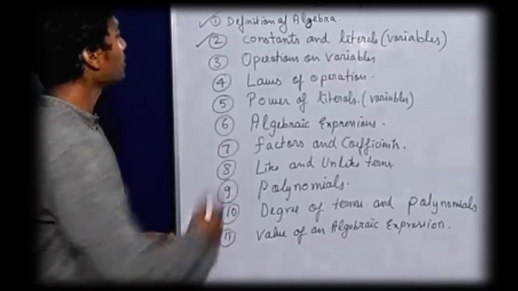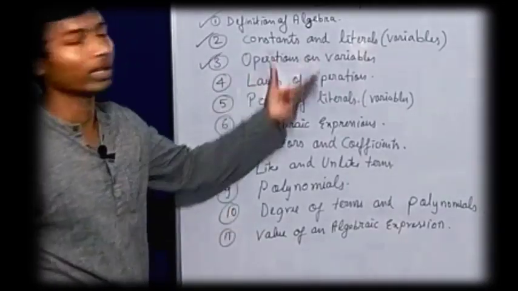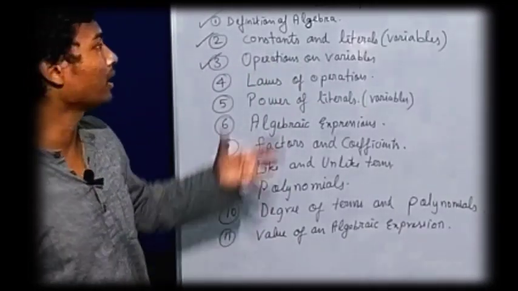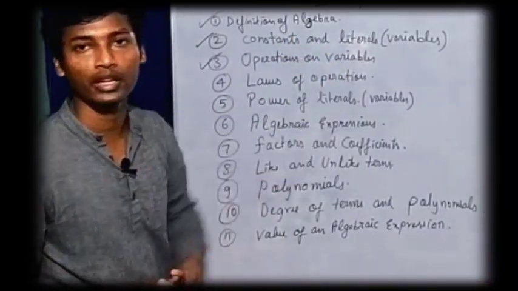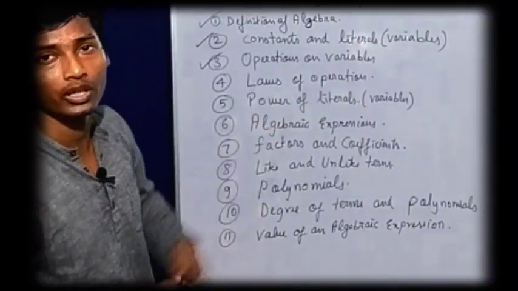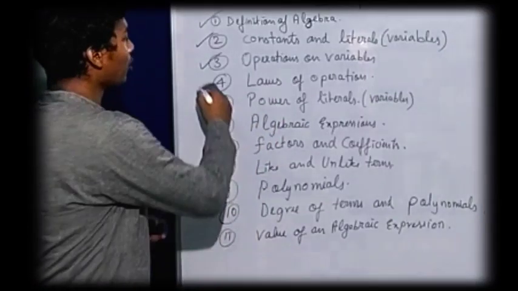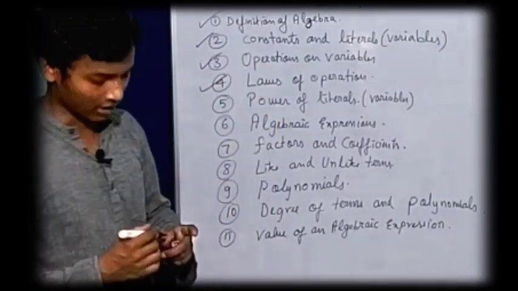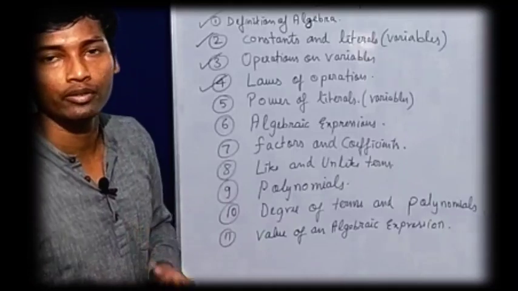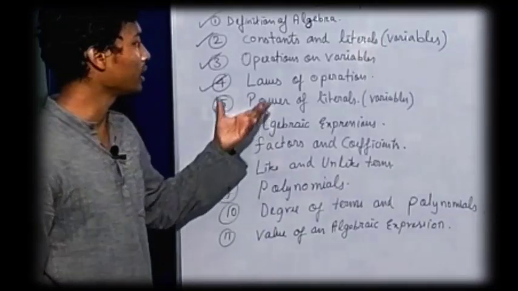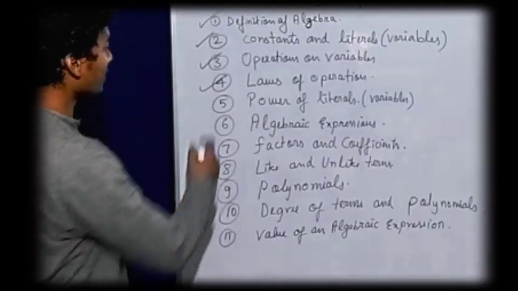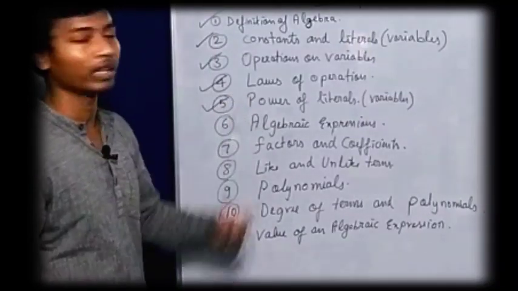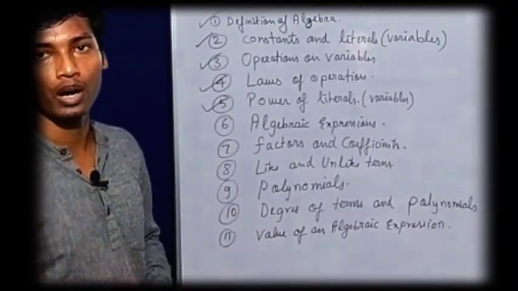Operations on variables. Now variables can be treated in the same manner as we treat the constants or the numbers. The basic operations like addition, subtraction, multiplication and division can be applied. Then the laws of operations like the associative, distributive and commutative law of multiplication and addition also apply on the variables. Then powers of literals. So the variables can be expressed in the form of powers or exponents.